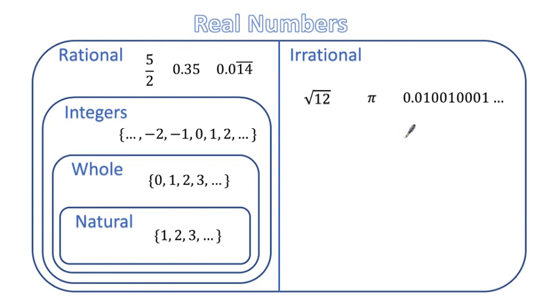And then here we have 0.0100100001. Even though we do see a pattern here, this is not the same continuous pattern. The pattern changes. As we keep going, there's an additional 0 added. So this is not a continuous pattern, therefore it's irrational.